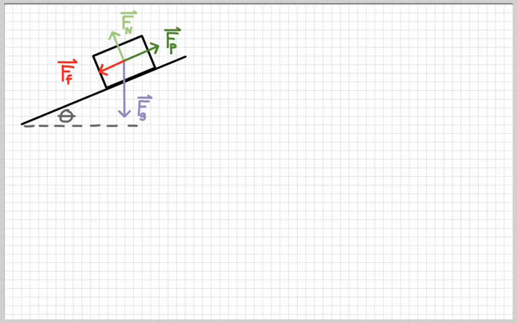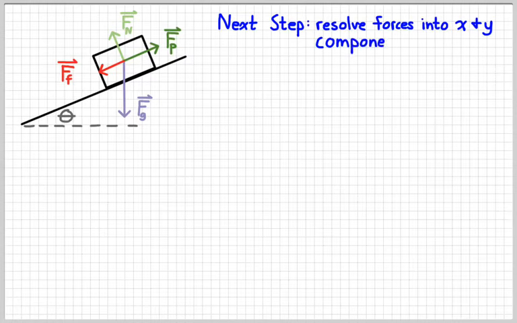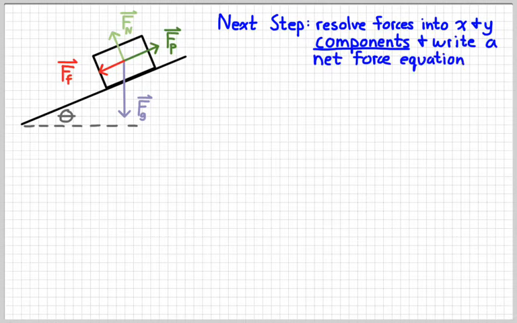So, moving the free body diagram that I drew over here, the next step in analyzing these forces or finding the acceleration of this box would be to resolve all the forces into x or y components and then write net force equations for each direction. Now here we have two options.